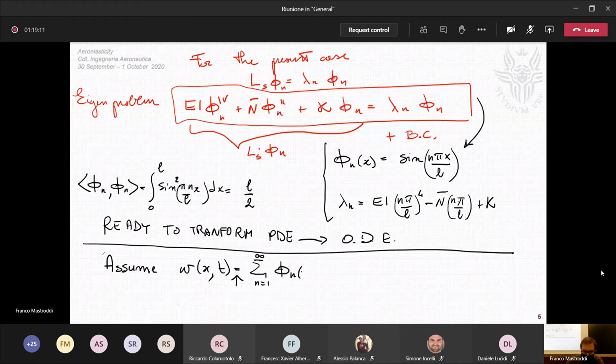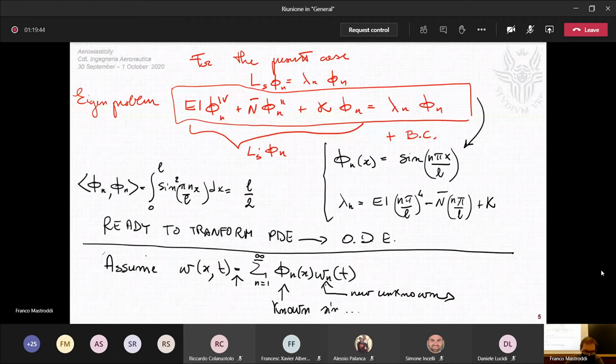of phi n of x times w n of t. These are known functions, sine, blah, blah, blah. The new unknowns are these time functions. This is the original unknown, these are the new unknowns. Okay?